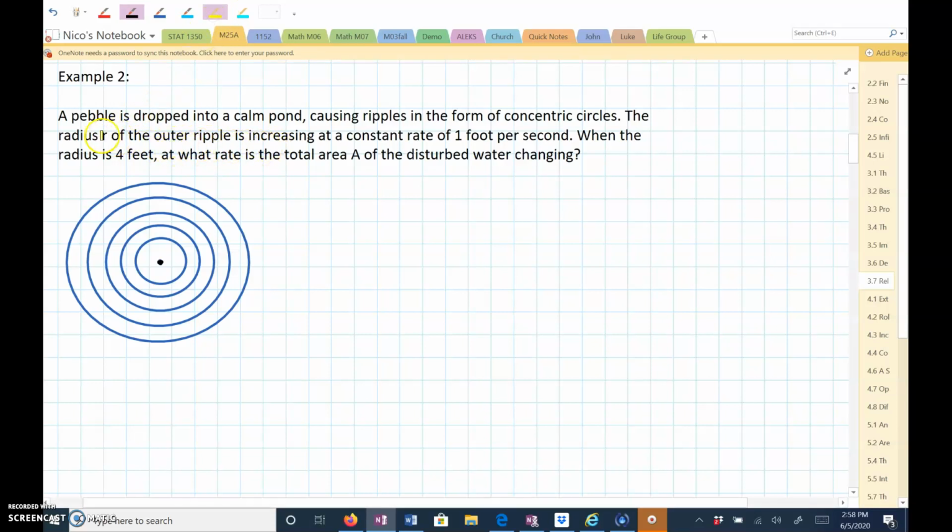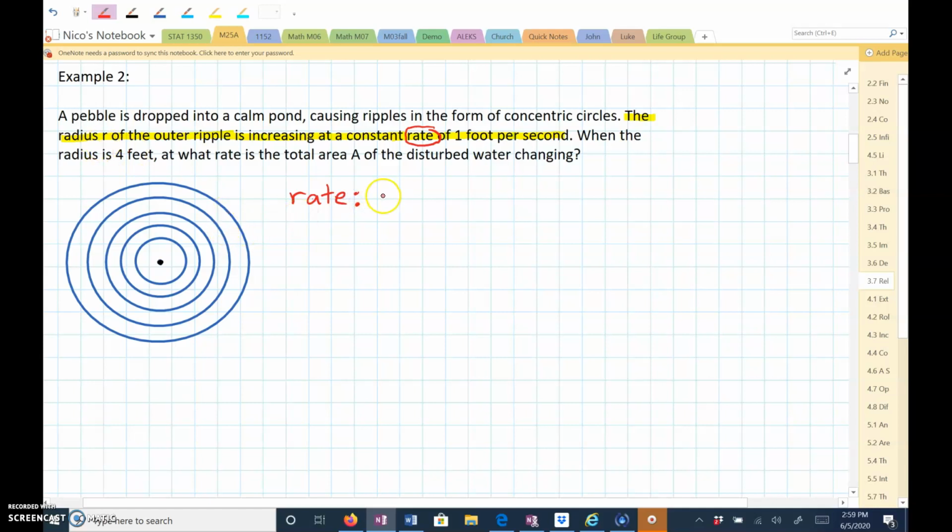So, first of all, it says the radius r of the outer ripple is increasing at a constant rate of 1 foot per second. Anytime you have the word rate, you want to write that as a derivative.